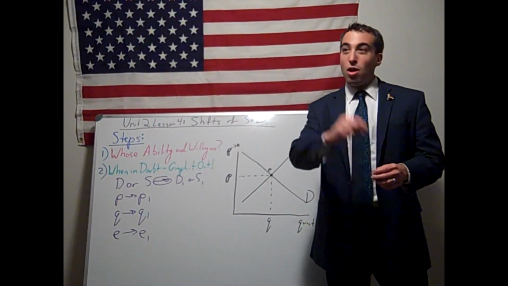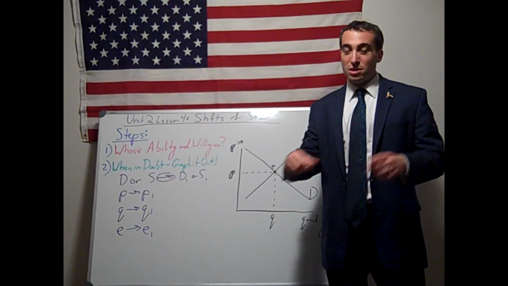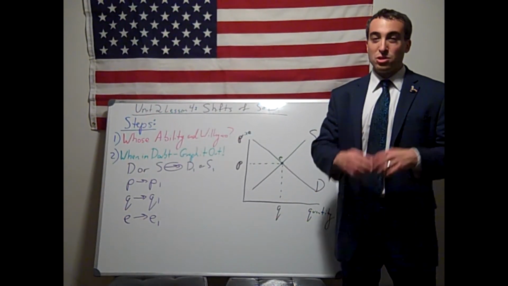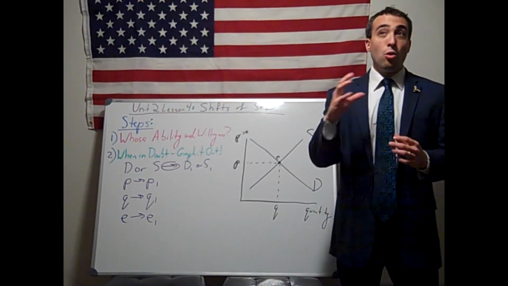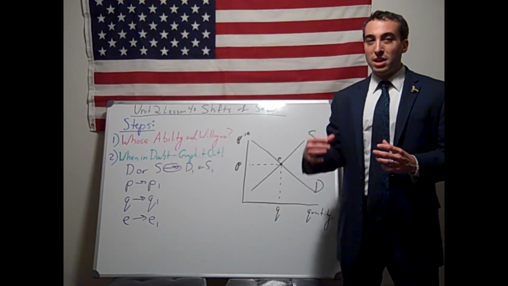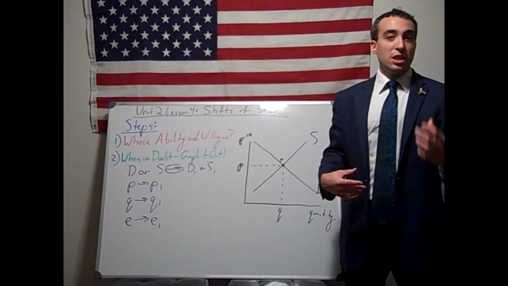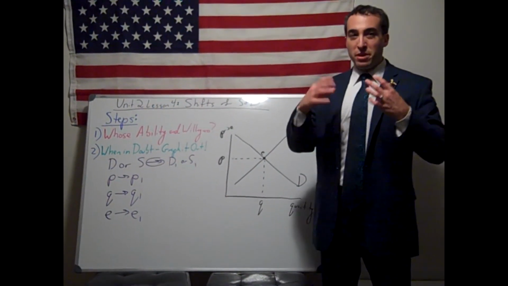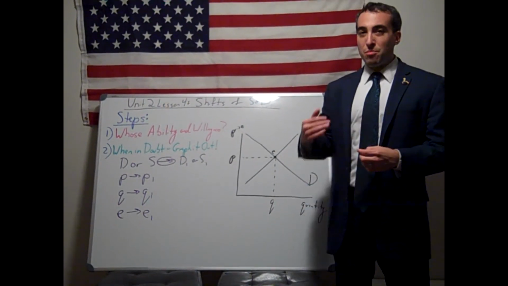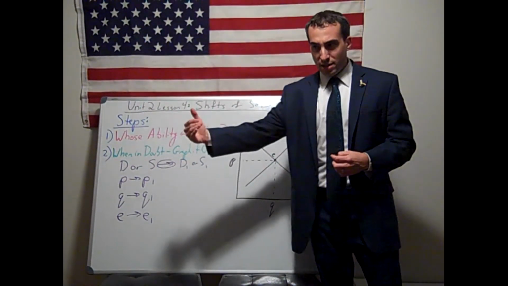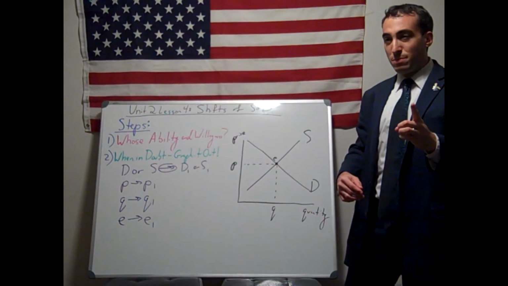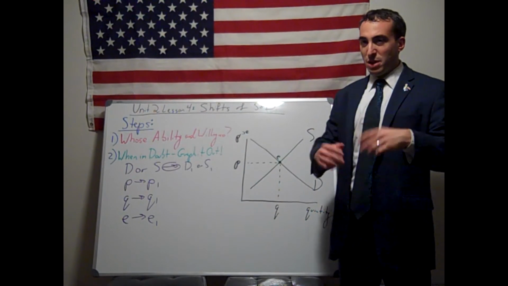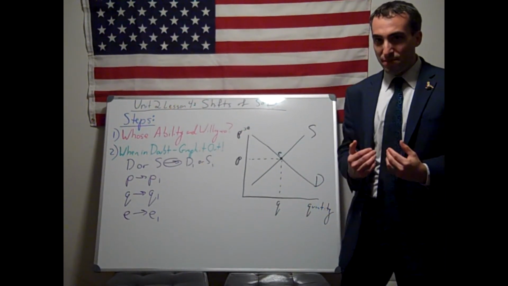One scenario, only one supply or demand: the consumer's ability and willingness to buy, or the supplier's ability and willingness to produce. Where is this change taking place? From the consumer in the product market, or somewhere in the factor market affecting that product going to the market? So ask yourself, who is being affected, and how is their ability and willingness being affected? Is it being positively or negatively affected?